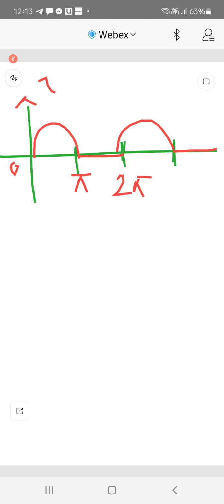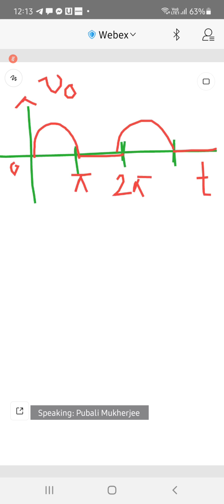This is the plot of V0 with t. Now what you need to do is remove these humps or smoothen out this output signal. What do you do for that? We use a capacitor filter circuit.